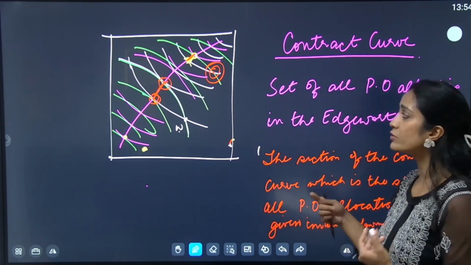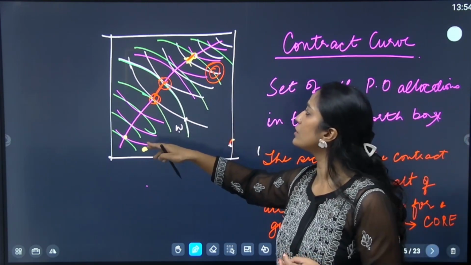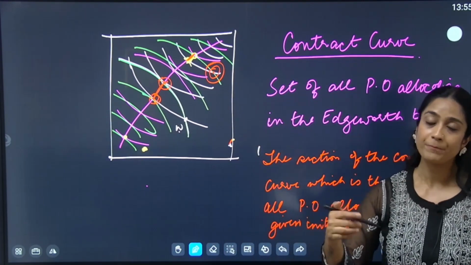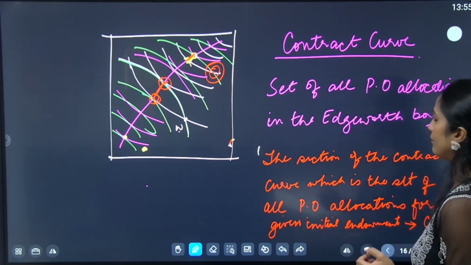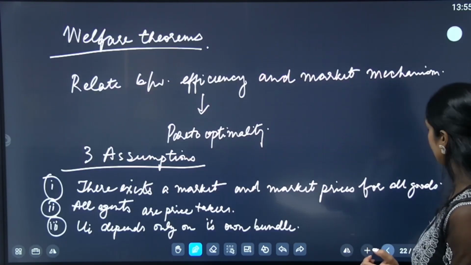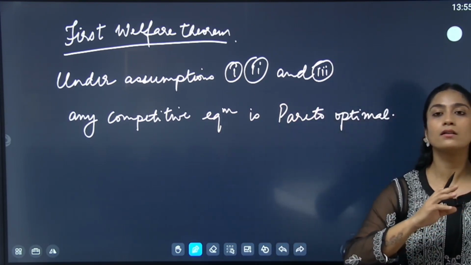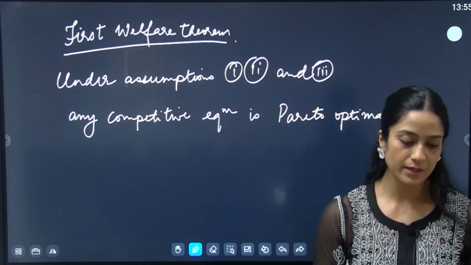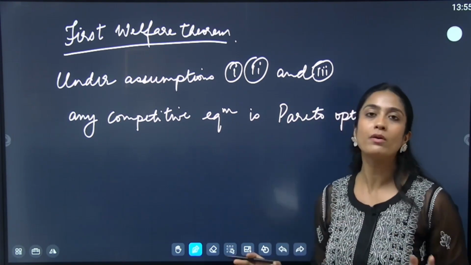So this is a very powerful result, the first welfare theorem, because the chances that you get such a desirable allocation using the market mechanism is pretty powerful. Okay, so this is the first welfare theorem, which is saying that if you have a certain set of basic assumptions satisfied, in that case, the market mechanism produces a Pareto optimal allocation.